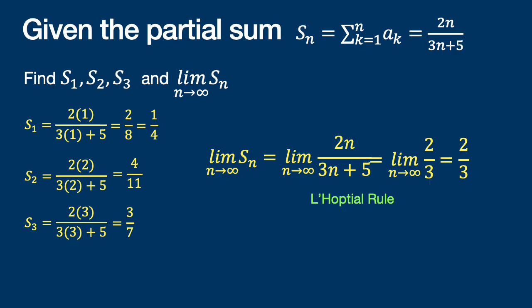The limit of partial sum is going to be 2 over 3. What does that mean? This means the infinite series of a_n is 2 over 3. Another way to say it is the infinite series converges, and the sum of the infinite series is 2 over 3.